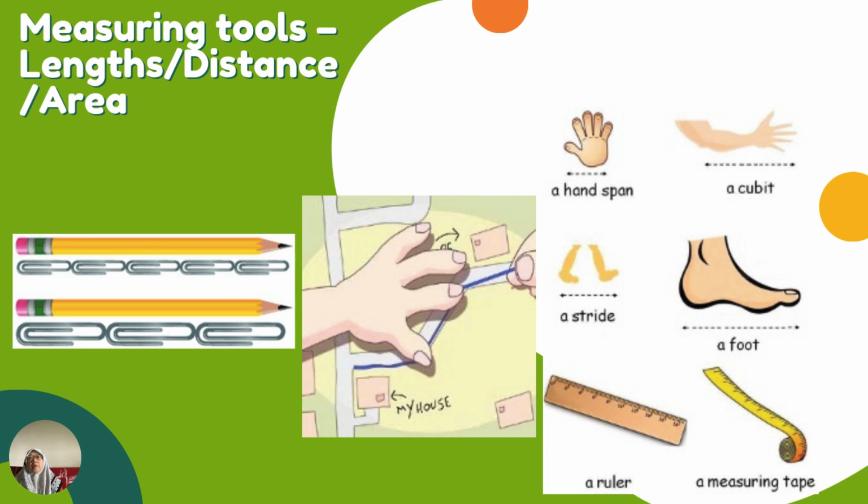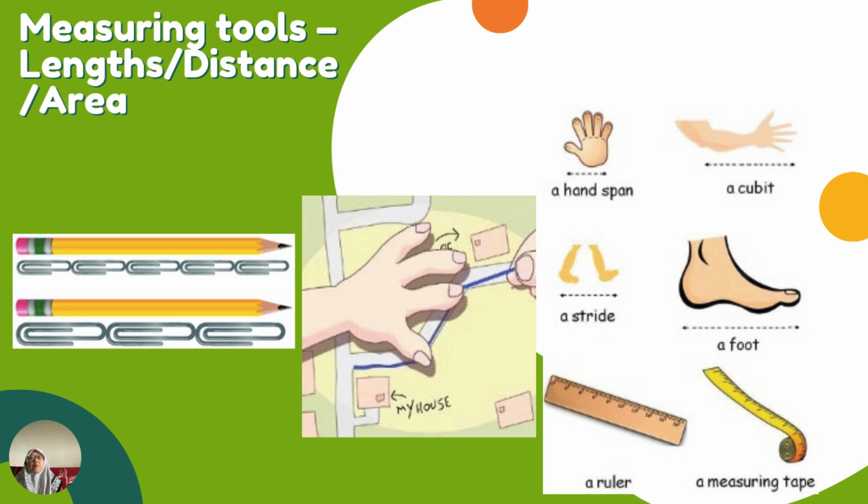A cubit is from your hand, your longest finger, to your elbow, to this part there. All right, so that's a cubit.